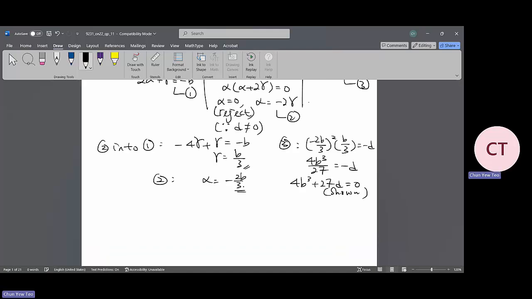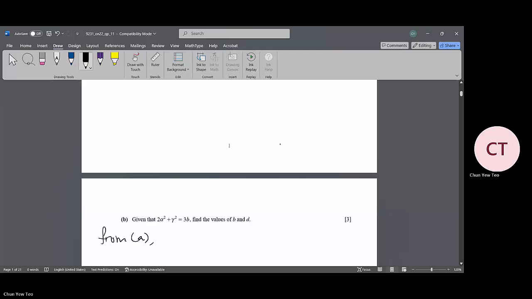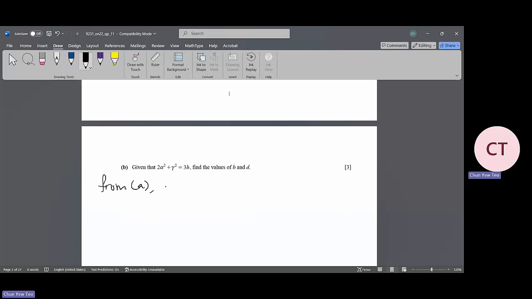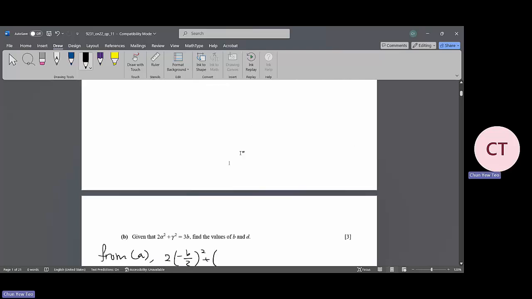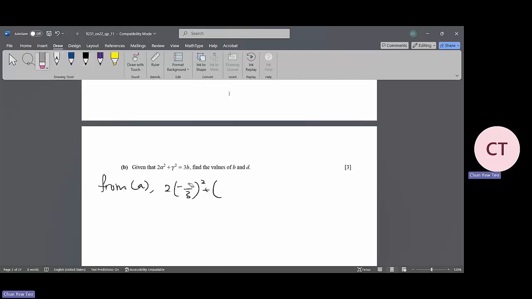Alpha is negative 2b over 3, and gamma is b over 3.